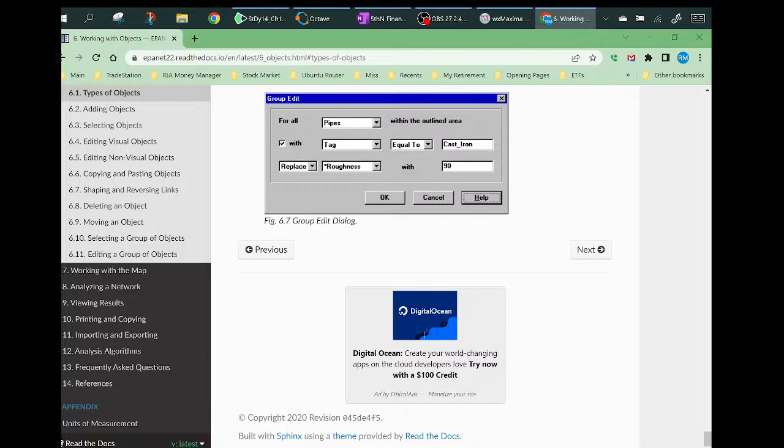It works very, very well. I'm a little reluctant to download it, but maybe I'll do that later.